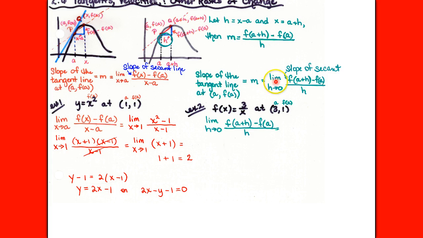And then I would say the limit as h approaches 0, because h is the distance between those 2 points, and I want that distance to get smaller and smaller until it's almost indistinguishable, like 0.1, 0.01, 0.001. Now, that should look remarkably familiar to us because that is our difference quotient, right?